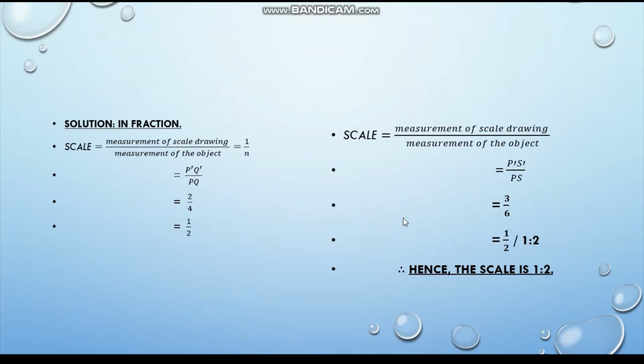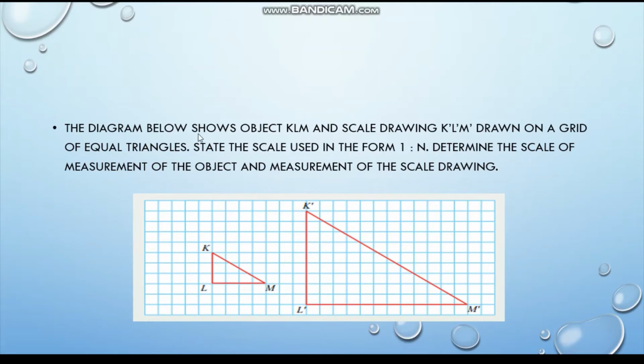Okay, the next example will be, the diagram below shows an object KLM and the scale drawing K prime, L prime, M prime that has been drawn on a grid of equal triangles. State the scale that has been used in the form of 1 to n. Determine the scale of the measurement of the object and measurement of the scale drawing. Okay, the first step, we must identify the object and the scale drawing.